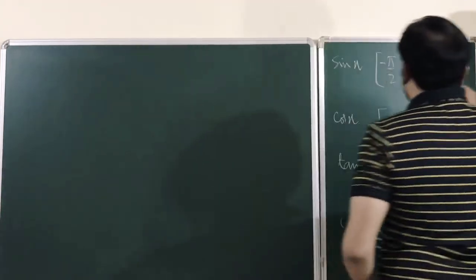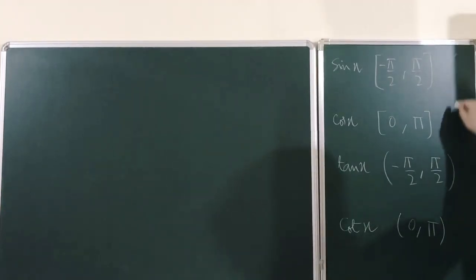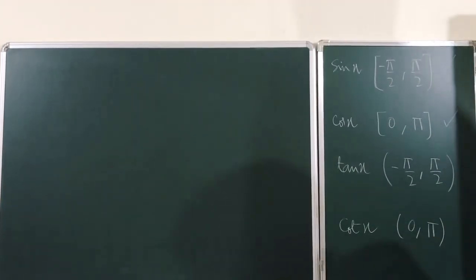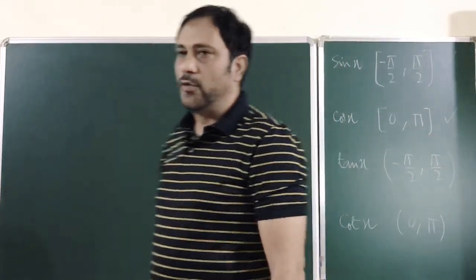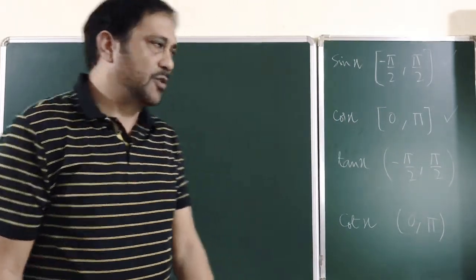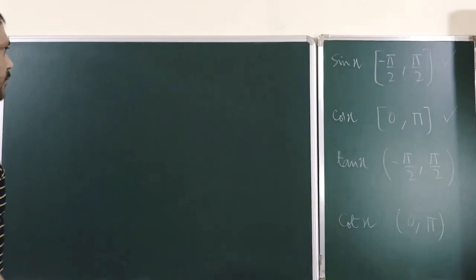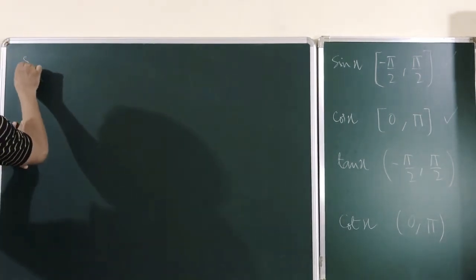So this I have already explained in the first lecture, how we find sin x and cos x inverse, and what the domain and range of sine inverse of x and cos inverse of x are. So quickly I'll tell you for the sine inverse of x.